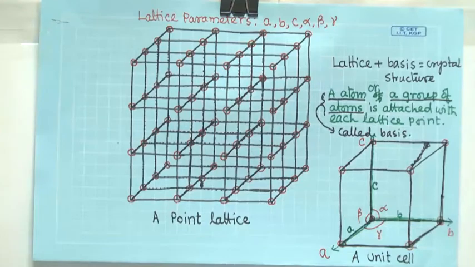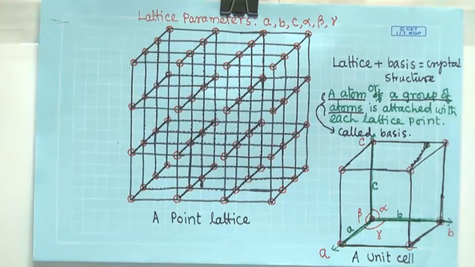Now, one important thing: I am talking about the lattice and lattice points. A lattice is made of lattice points, which are orderly placed in space. Now, what is a crystal structure? The lattice is not the crystal.